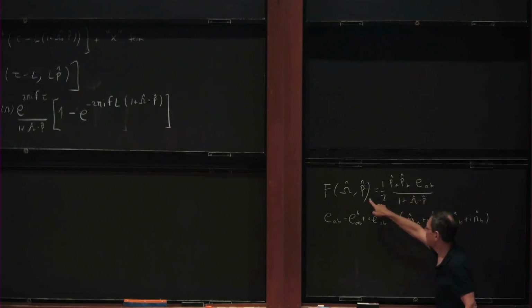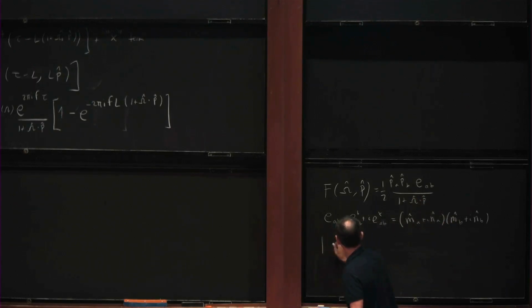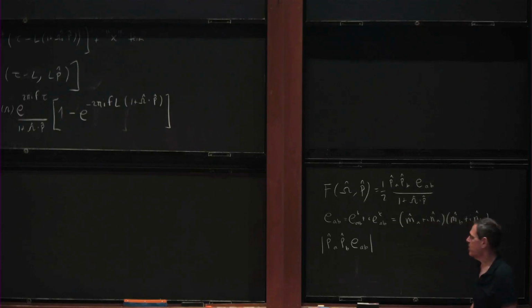Let's look at the complex modulus of F. Let's start off by looking at the modulus of the numerator. So let's look at the modulus of p̂_A p̂_B E_AB. This is just the modulus of the complex number that you get by dotting the pulsar direction into the polarization tensor.